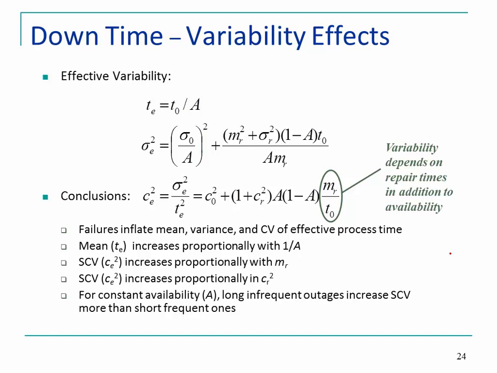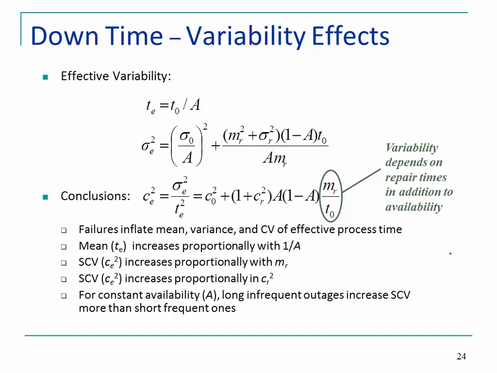Okay, so failures are going to inflate the mean, the variance, and the coefficient of variation of effective processing time. And these are all conclusions coming from this expression. The mean increases proportionally with the availability.